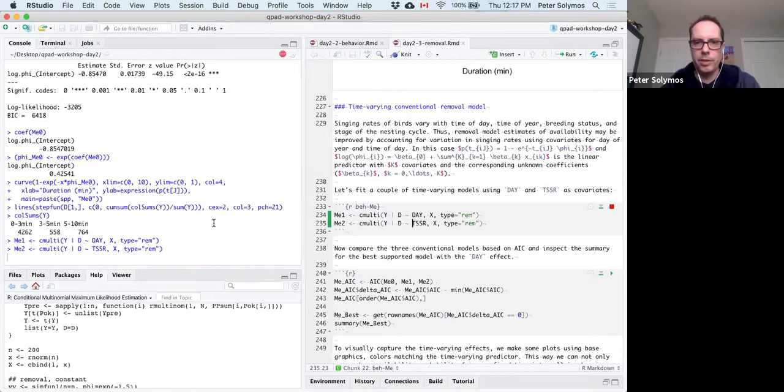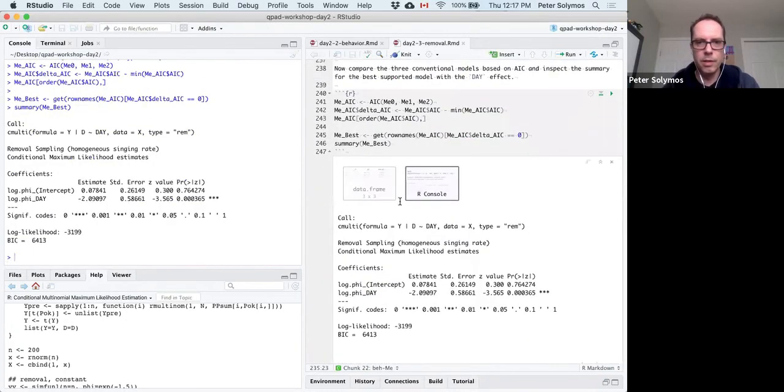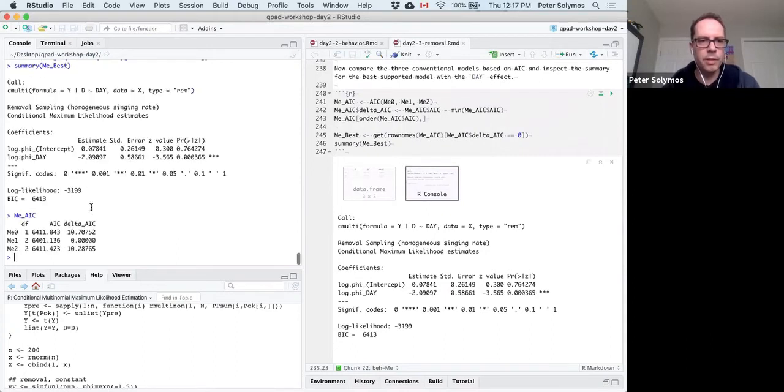Once the estimation is complete, you can do model selection. So here we have this MEAIC object, which is just based on that AIC. ME1 is the best, so that's what I stored in ME best, and that's the summary you can see here. We have an intercept and the day related slope term for log phi.